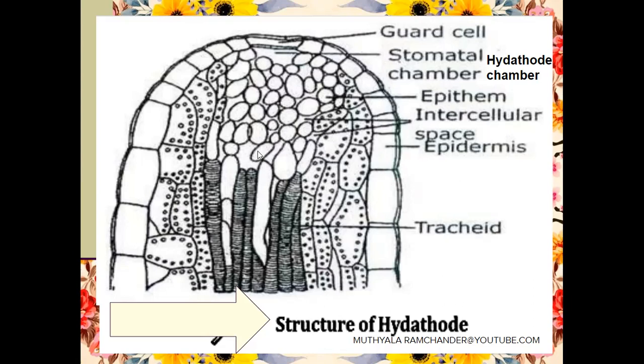And during guttation, water is absorbed by the plants, more water is absorbed, and the excess water reaches the terminal part of the tracheids, mainly in the leaf. The terminal parts of tracheids having excess water release that excess water into the epithelium tissue.